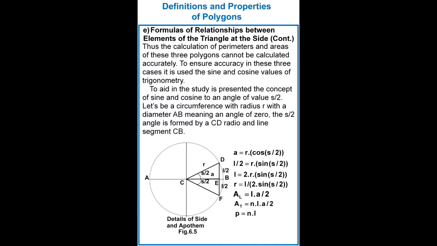The angle to be studied is the half angle of the S angle, that is, the angle S divided by 2. A zero value angle will be composed of the straight line segment CB and another straight line segment CB superimposed on the segment of the aforementioned line CB.